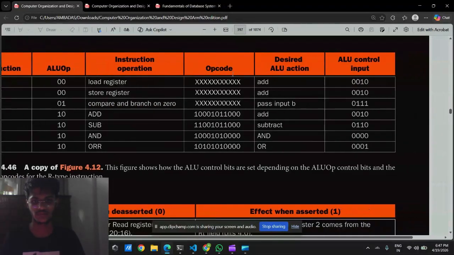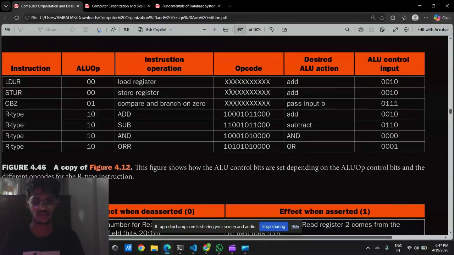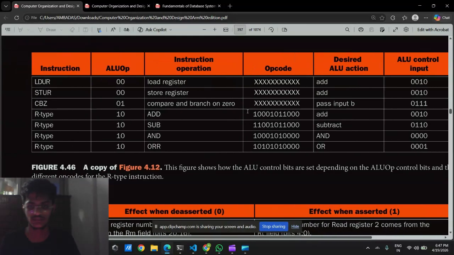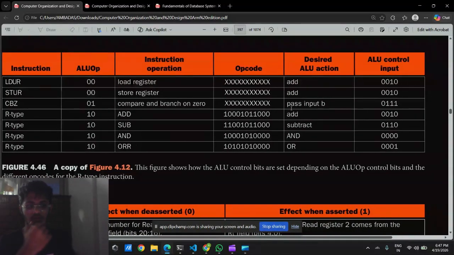And let's move to the opcode field. By default for load and store instruction, the desired ALU action is add, as we are just adding the immediate field to the base address of the register. And for compare and branch instruction, we are just passing the input B, which is nothing but the base address.